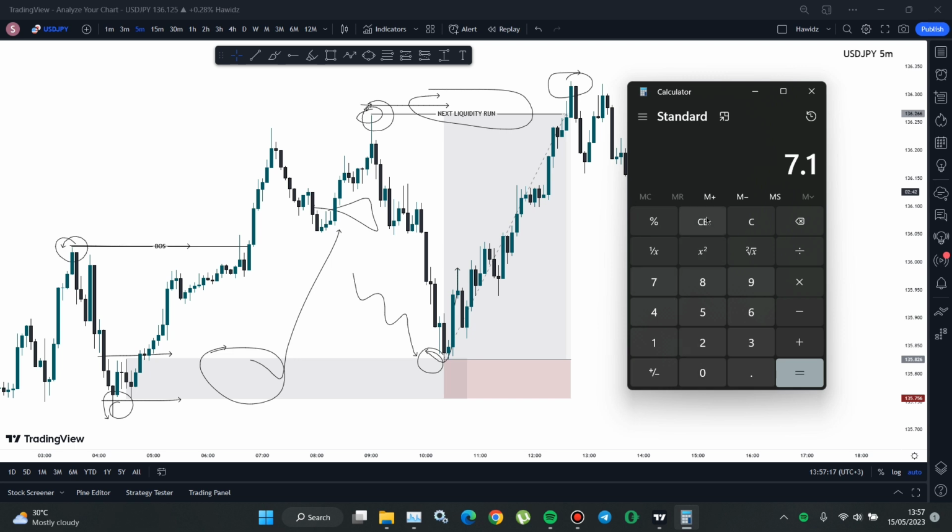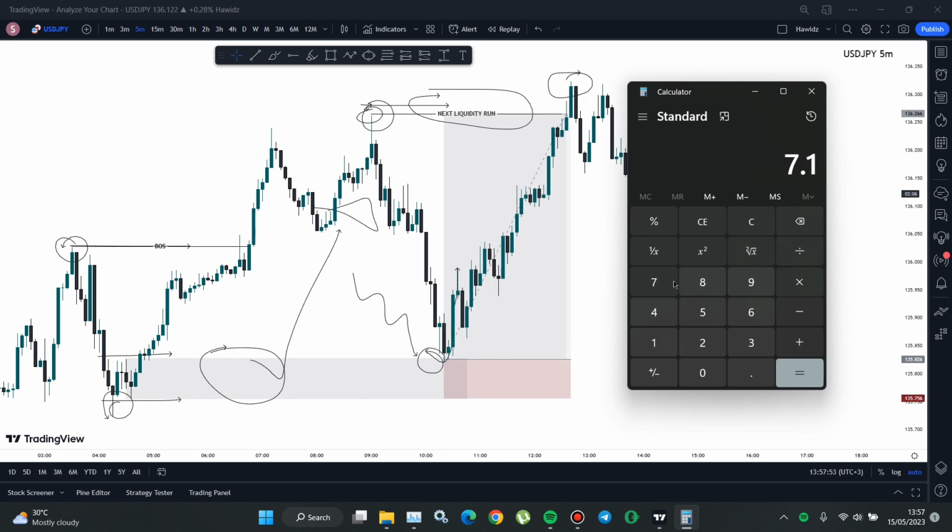So this is the lot size that, assuming I was trading a 100k account, I'd use: a lot size of 7.1, right, with a stop loss of 7 pips and a reward of 44 pips, right? So my lot size in here was going to be 7.1. Now, let's prove this if we equate this number of pips with this lot size, right?